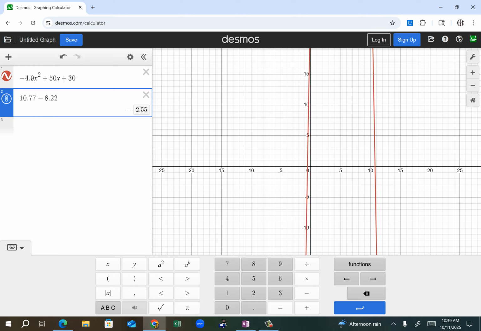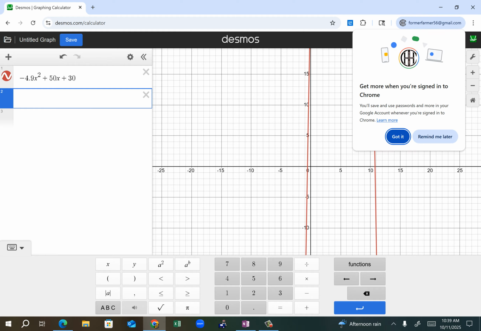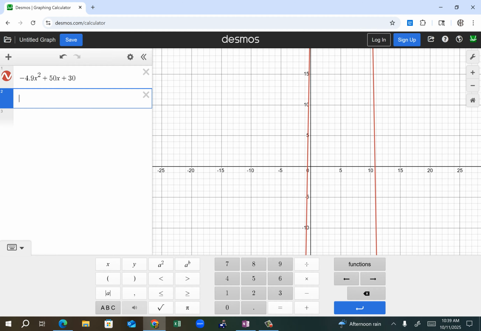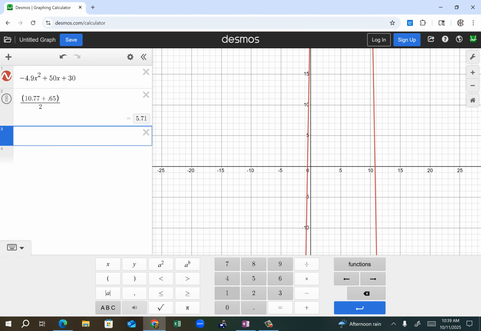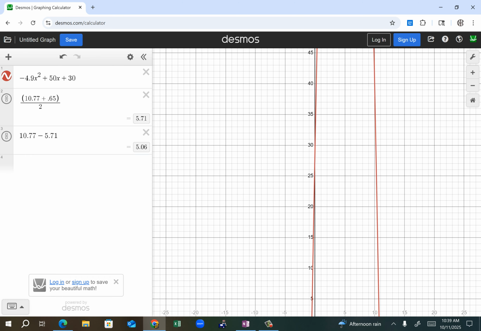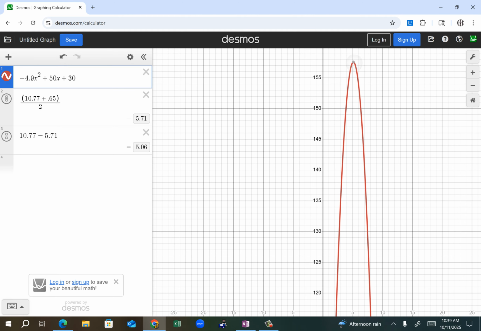Let's try it again. 10.77 plus 0.65 is 11. That makes more sense. I think I didn't get my decimal point in there somewhere. 5.71. And if I take 10.77 minus 5.71, I get 5.06-ish. In other words, when was it at the top? 5.06-ish, obviously I rounded a bit.